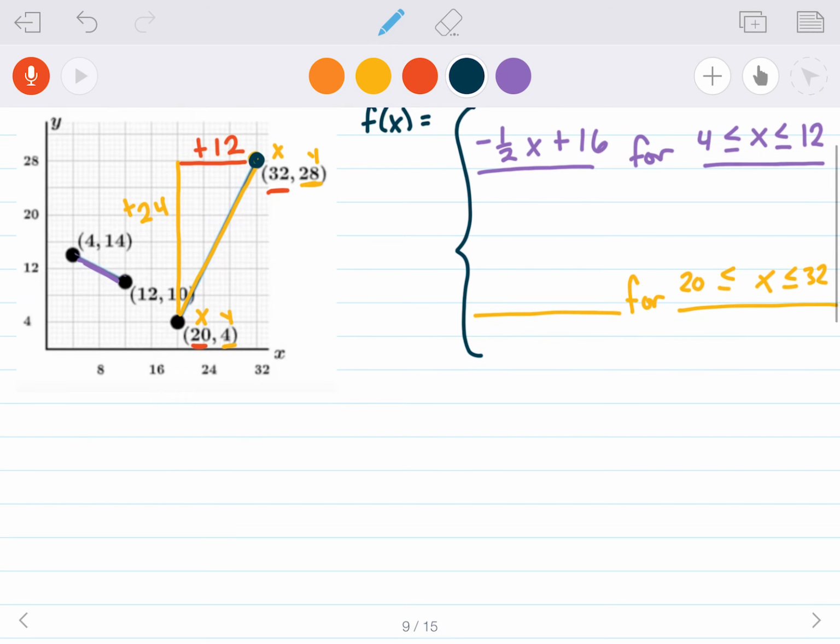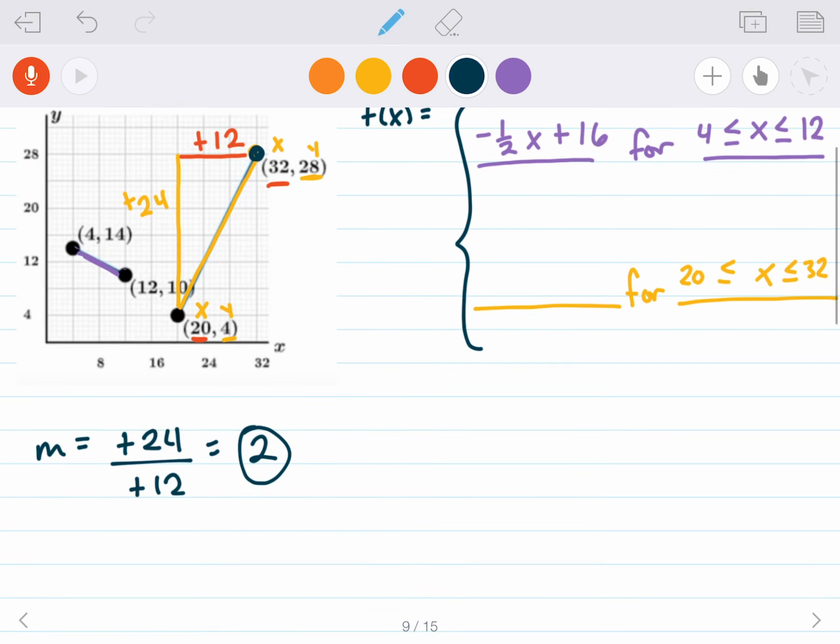So my slope, my rise over run, I'm rising 24, and I'm running 12, both in the positive direction because I went up and I went right to get to the next point. And 24 divided by 12 is going to be 2, so that is our slope here for that yellow segment. Now again, to find the y-intercept, we can use that trick.